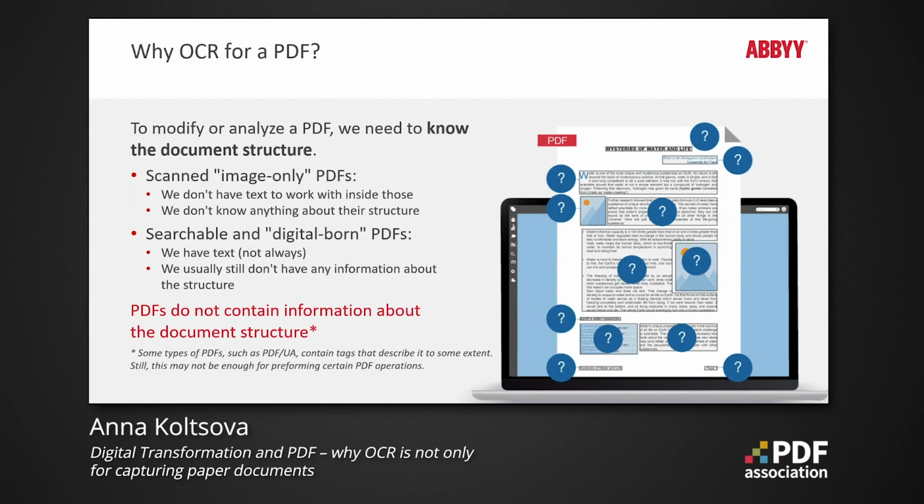Well, some types of PDFs, such as PDF/UA, may contain additional information that describes the structure to some extent. But those are just a small number of all PDFs, and it still would not be enough to analyze and modify PDFs effectively, which is necessary for many operations we want to do with PDFs.